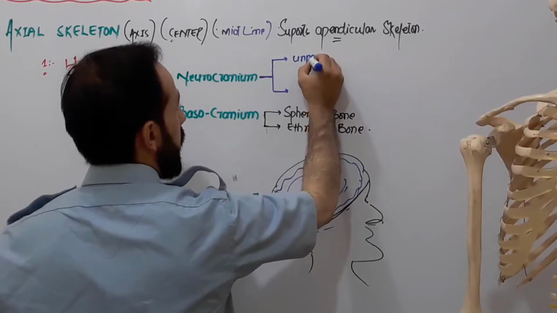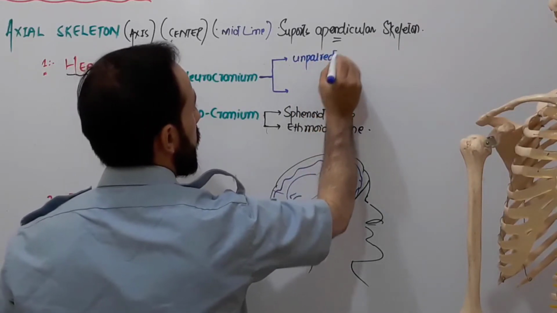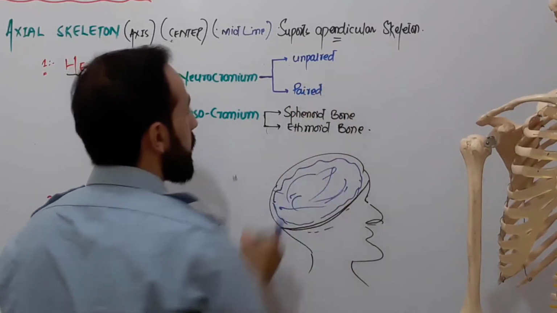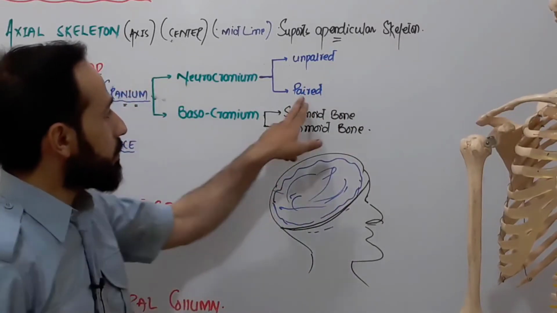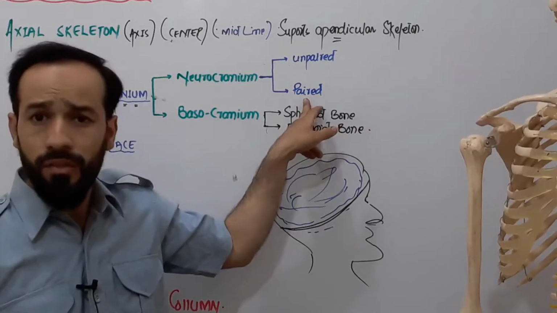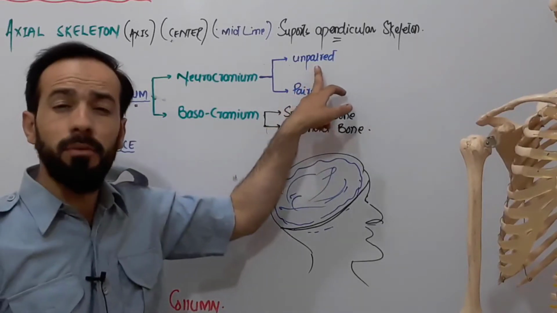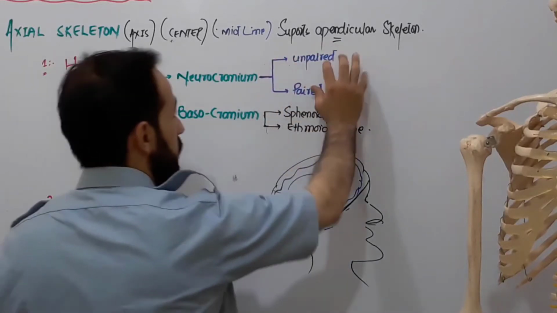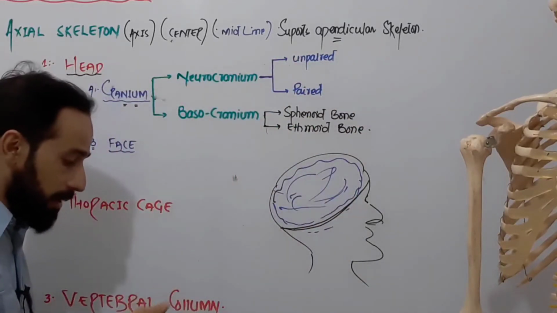So I will write unpaired bones and paired bones. Paired means which will be 2 or 4 or 6, and unpaired means which will be 1, 3 or 5, right? So let us name all these. We will know how many unpaired bones are there.